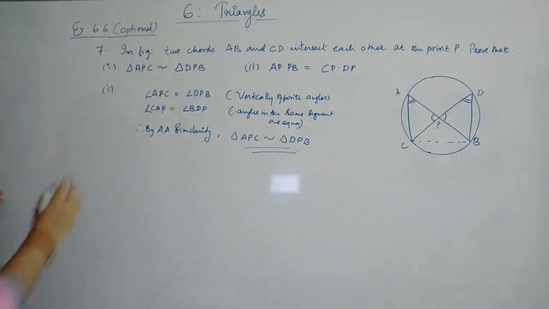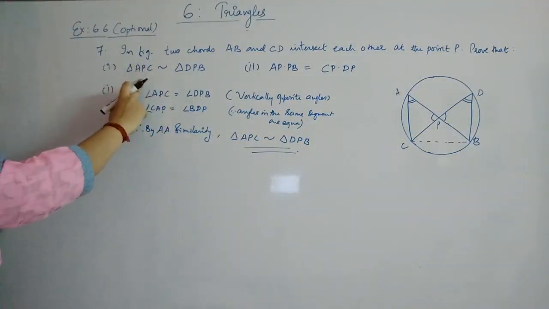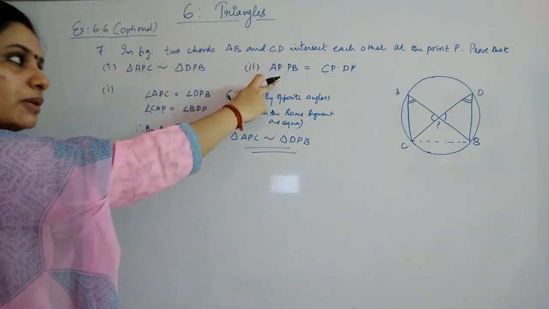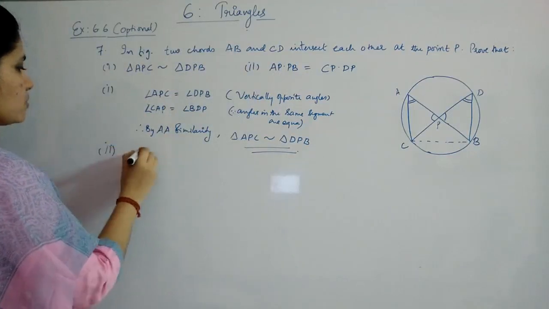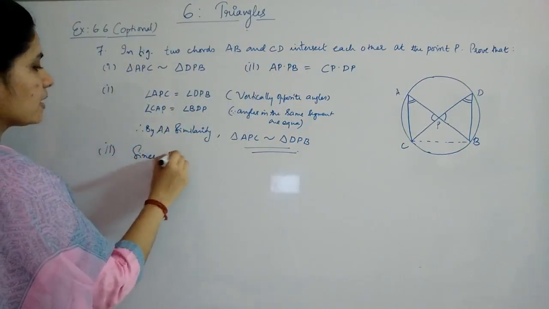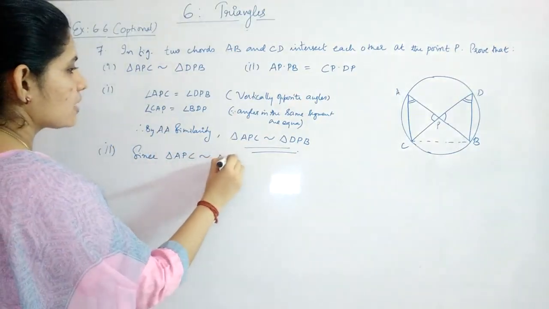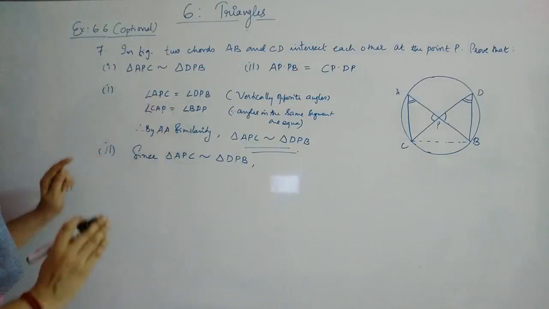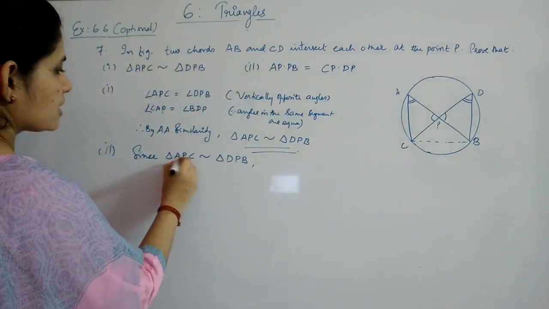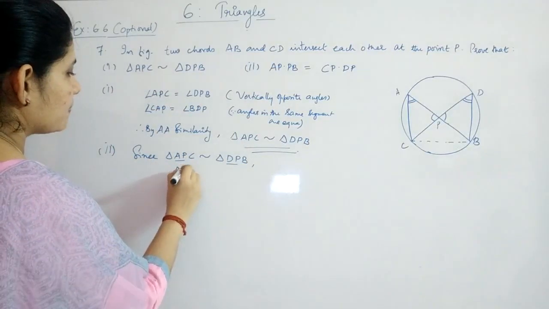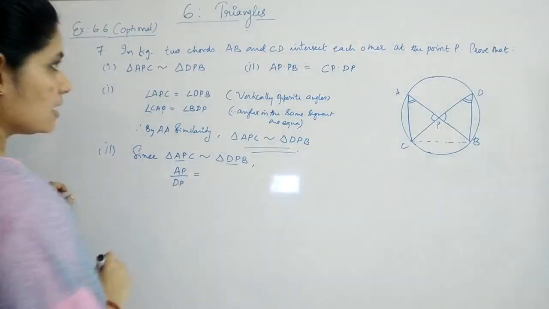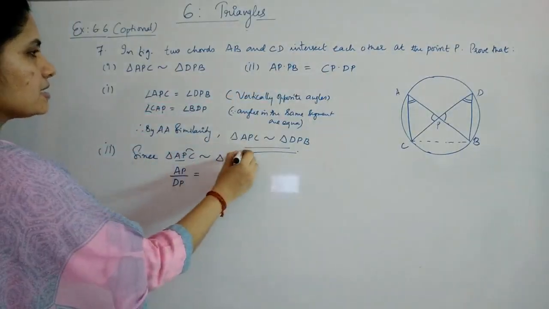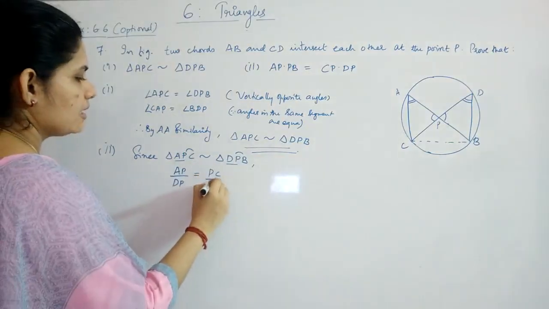Now for the second part, you can use the concept of first part, that is a similarity concept, and since the two triangles are similar, their corresponding sides will be proportional. So since triangle APC is similar to triangle DPB, AP by DP is equal to PC by PB.